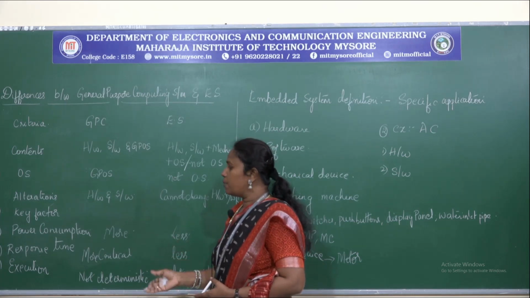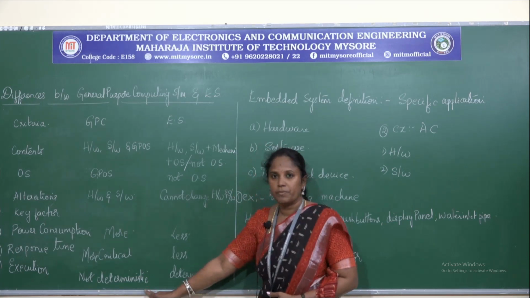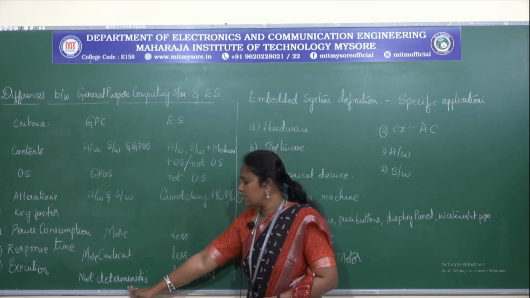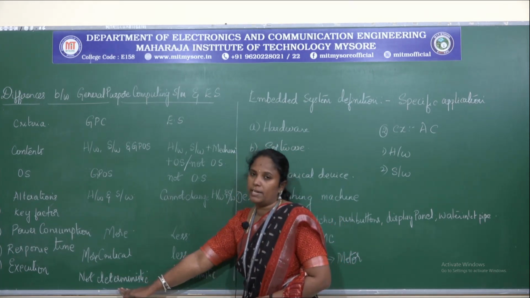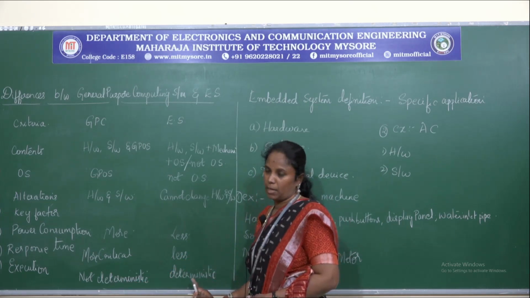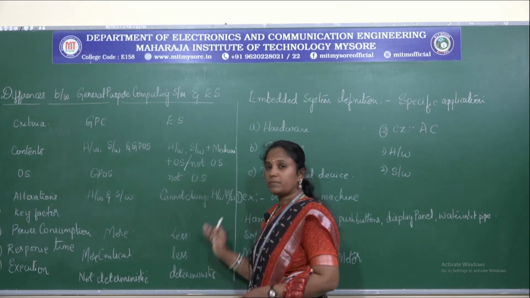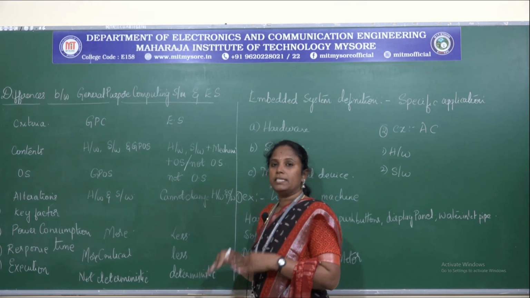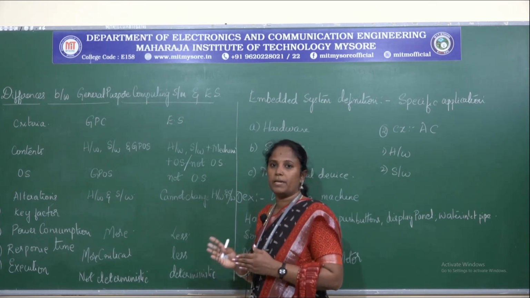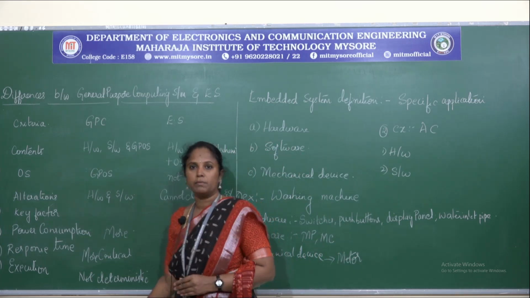In the case of a general purpose computing system, we can say that it is soft real time bound, and in the case of your embedded system it is hard real time bound. Hard real time bound means it is deterministic, that means it has to execute its operation within the specified time, but here it does not matter.